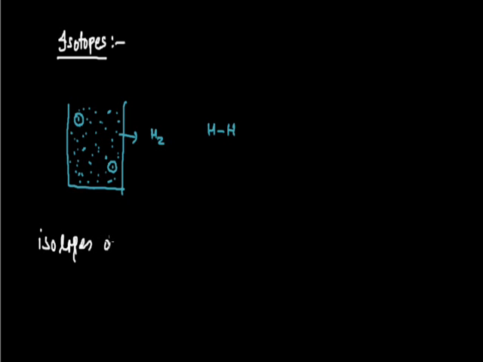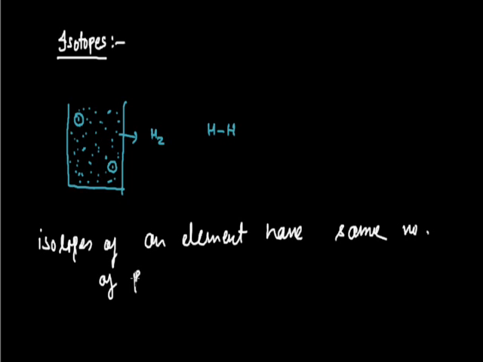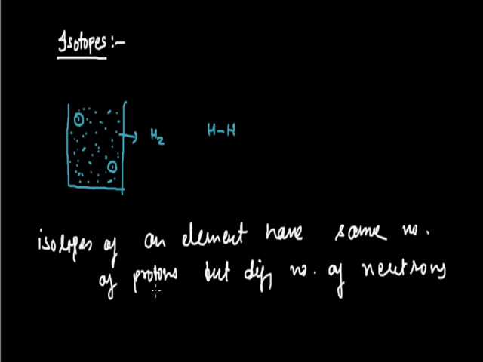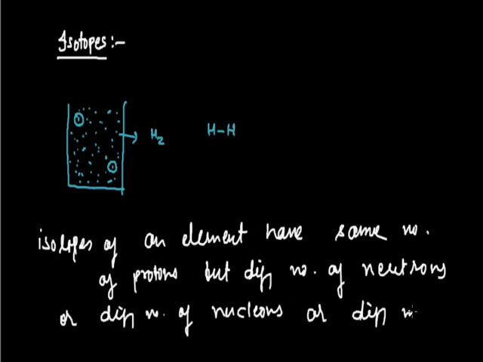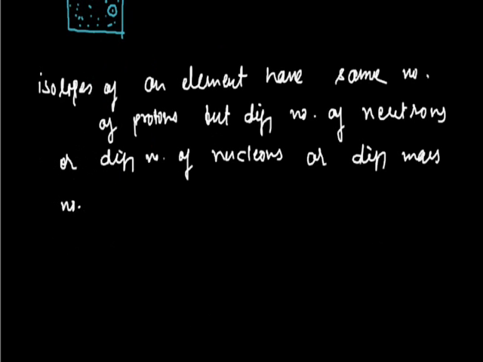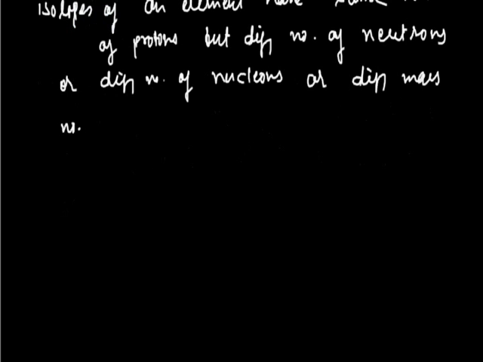Isotopes of an element have same number of protons but different number of neutrons, or we can say different number of nucleons, or we can say different mass number, are known as isotopes. Here we will see isotopes of hydrogen.